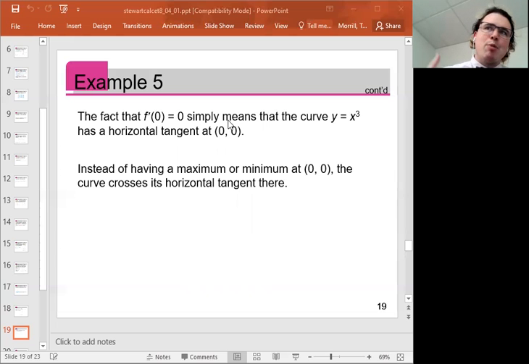Maximums and minimums, at least local maximums, local minimums, always have a horizontal tangent line, so long as the derivative of that function exists. Horizontal tangent lines and derivatives being 0 does not automatically mean that you have a maximum or a minimum, just a potential maximum or minimum that we then gotta do a little bit more work to figure out.